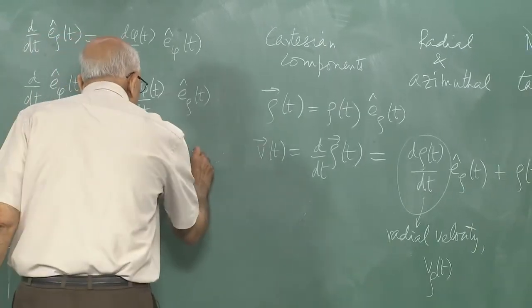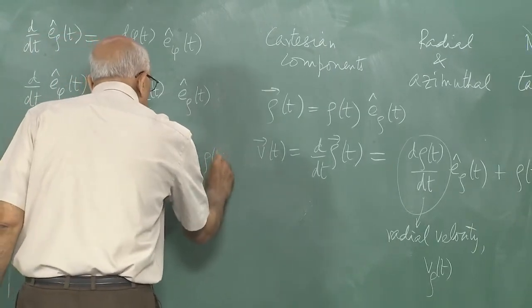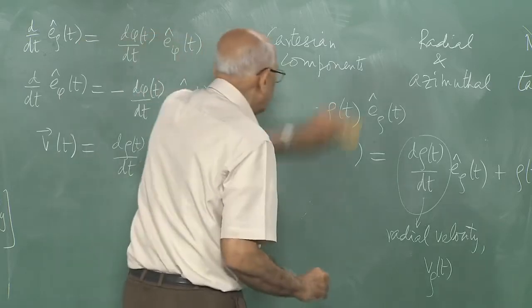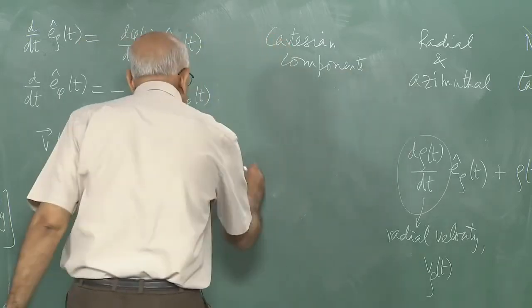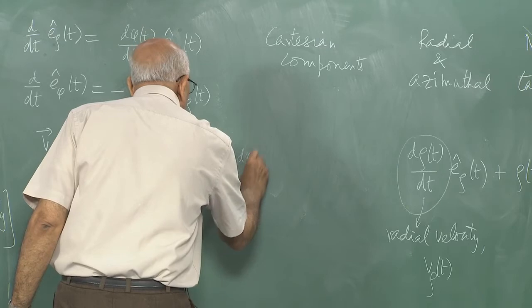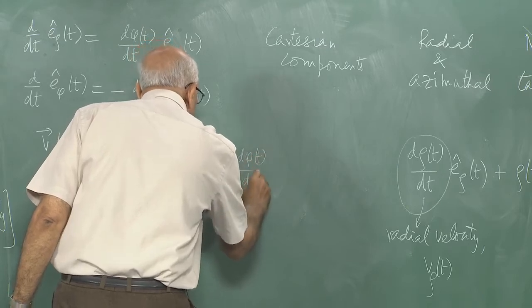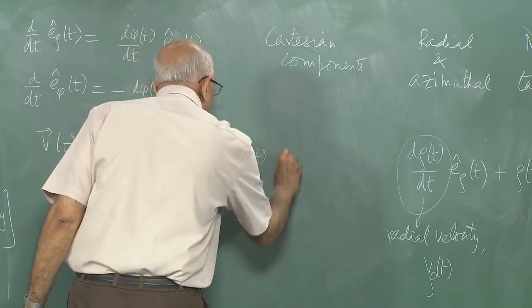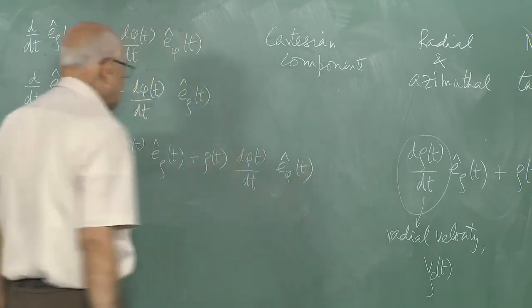So there is a term here which is plus rho of t d phi over dt multiplied by E phi of t.